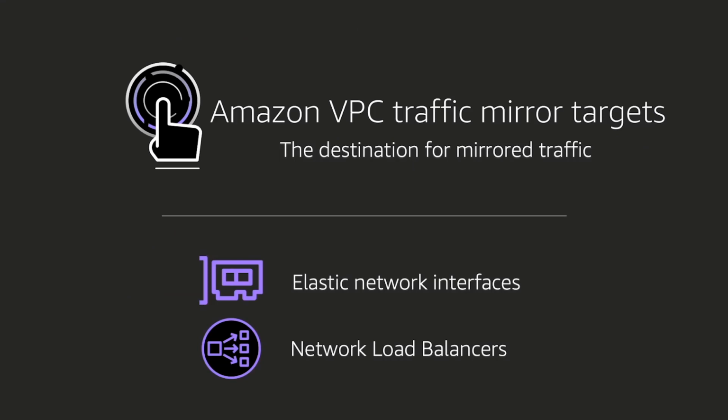VPC traffic mirroring can be sent to either an elastic network interface or a network load balancer. So if we wanted to just send traffic to a single monitoring instance running, say, Zeek or Suricata, some open source IDS tools, we can do that. Or if you wanted to build some scale into the system here, we can actually put a network load balancer in front of our monitoring instances, and we'll talk more about what that looks like.